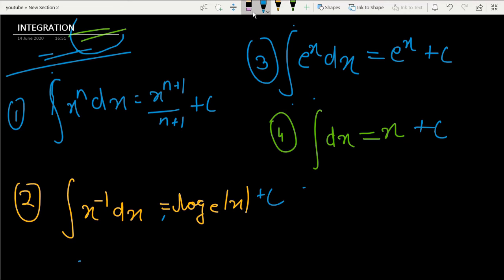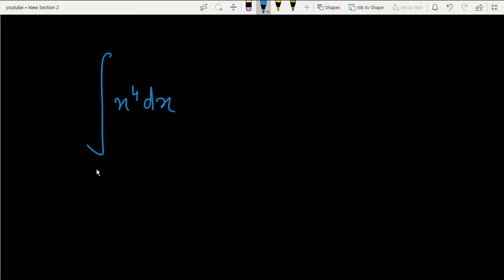Now let's see, if there is something given above or below the line, what is the methodology we're going to use to solve those equations. For example, let's take the question: the integral of x raised to 4 dx from 1 to 9.